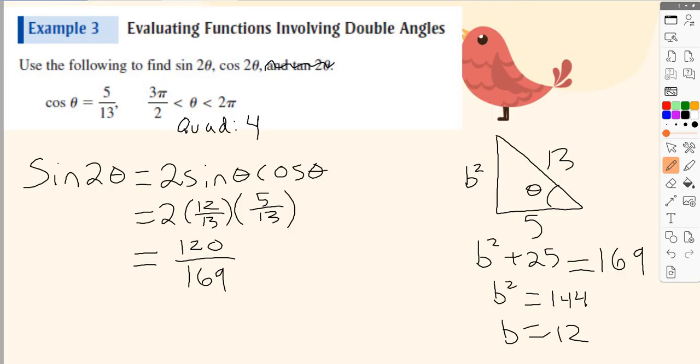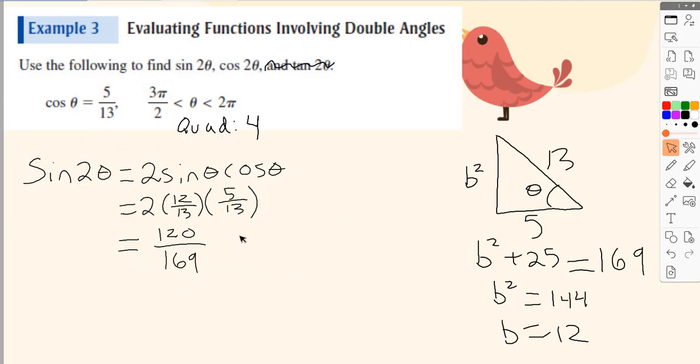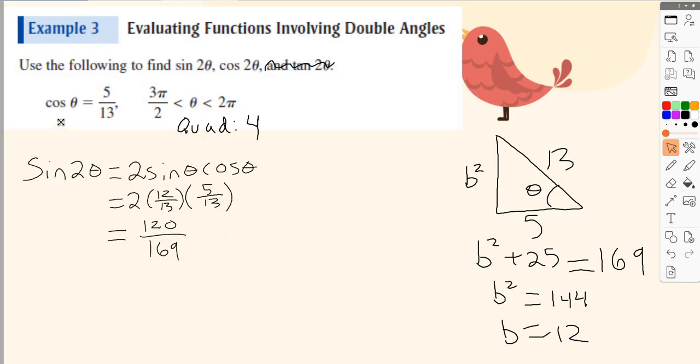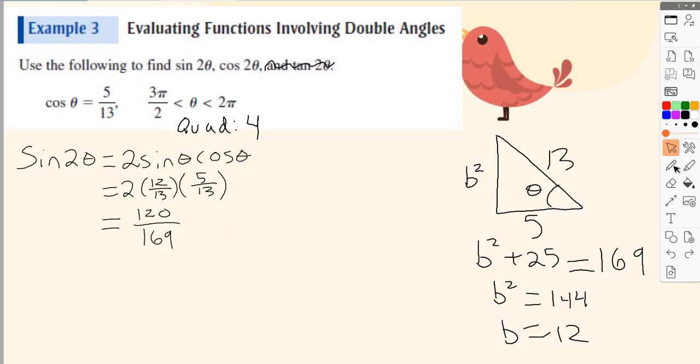Then next, what do we need to find? What's the second thing it asks us? That was sine, so now we need to find cosine.